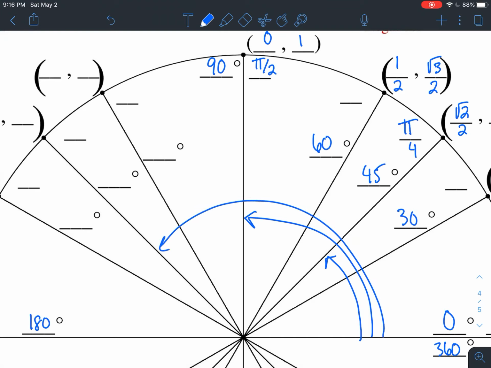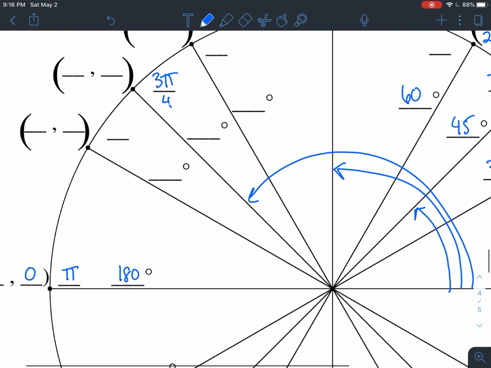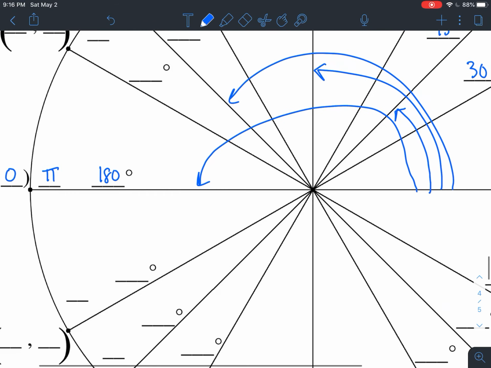Going all the way here would be 3 pi over 4, which is my radian measure. And then if I continue again, all the way here would be 4 pi over 4, which reduces to just pi. And then you just continue that all the way around my circle.